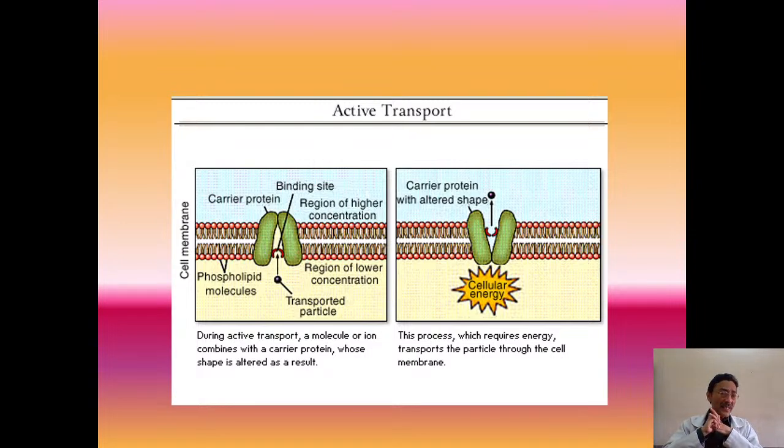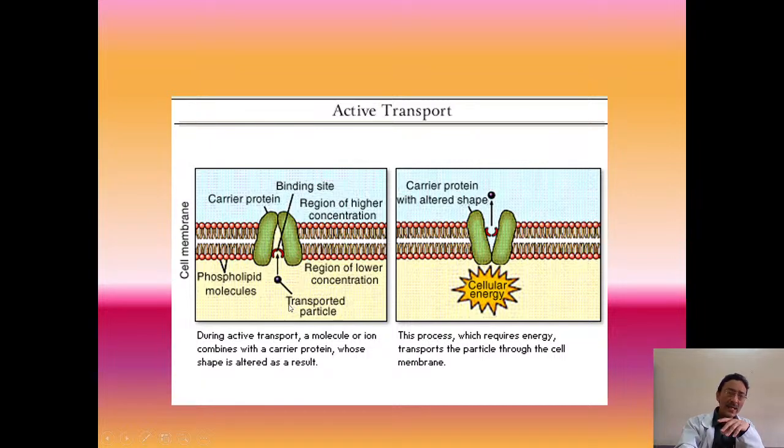Now, if you carefully see that carrier protein, you will find that there is a binding site present on the inside of the membrane. This is the V-shaped protein. This V-shaped protein has got a gate. This gate is particularly closed. But on the inside here, you will find that there is a binding site.